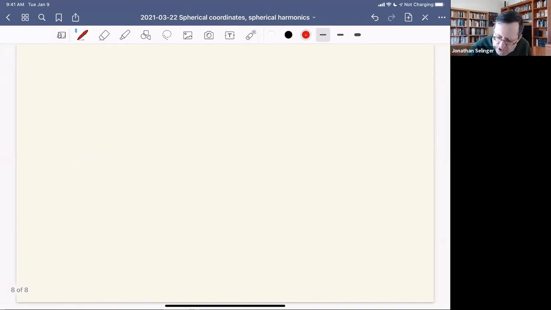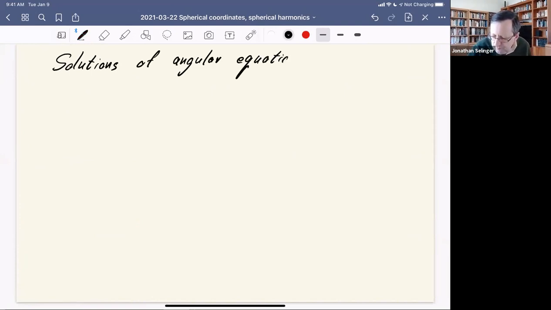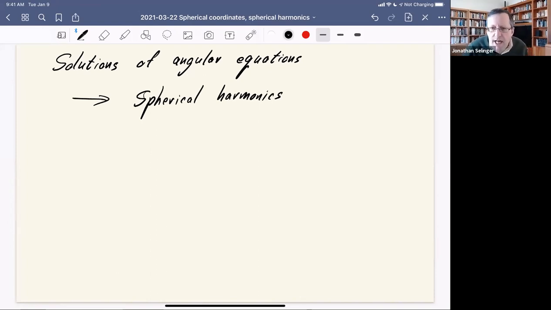The solutions of the angular equation are a set of functions called spherical harmonics, which you may have learned about in math classes and maybe in E&M classes.